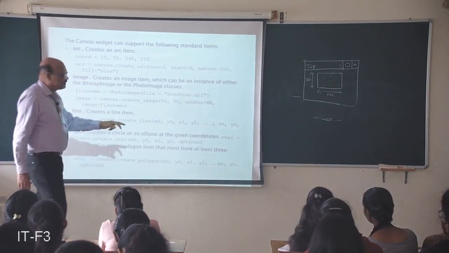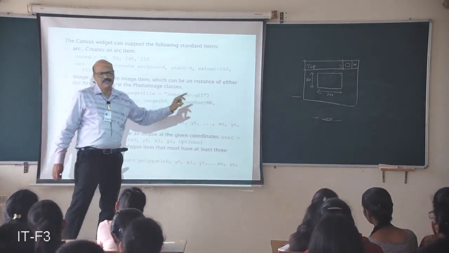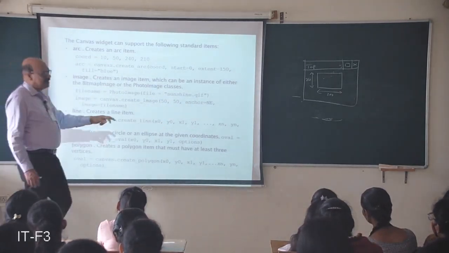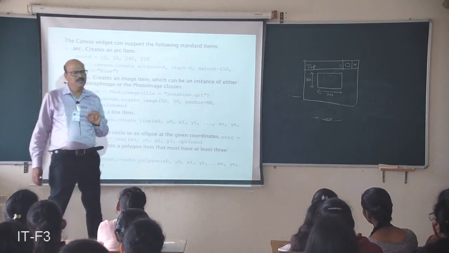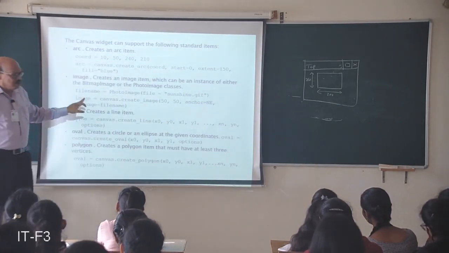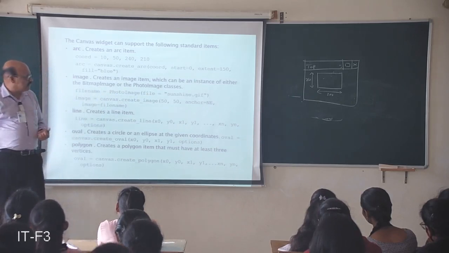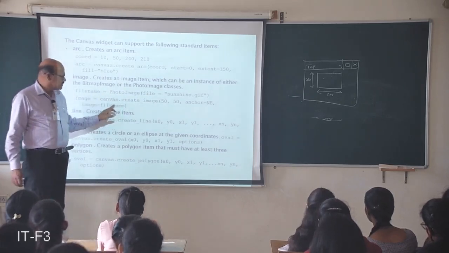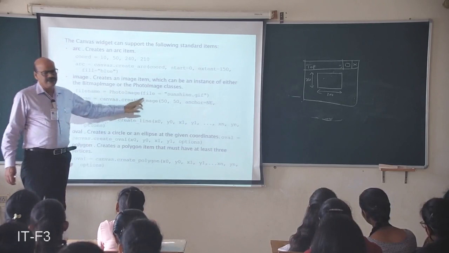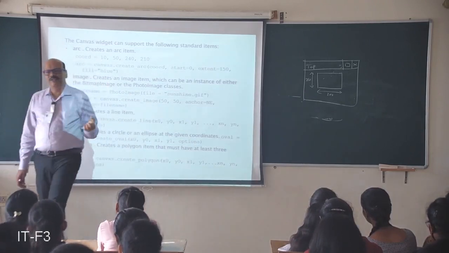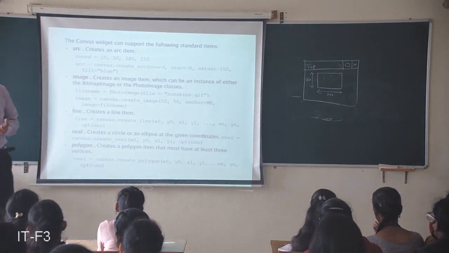If it is available in some other directory, you have to write the full directory name starting from the root. If it is in the same working directory, just mention the file name. Now, to display this on a canvas, it is canvas dot create_image, with the starting coordinate where the photo image must be displayed.